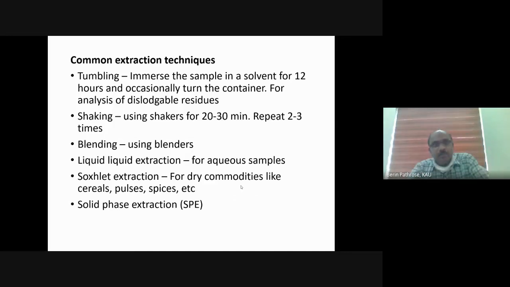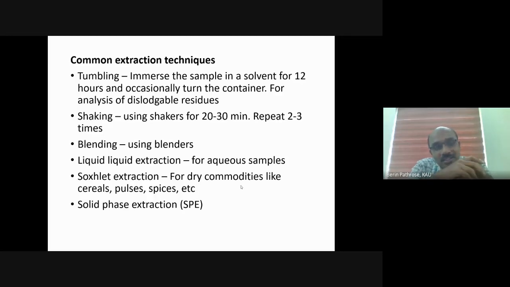So the first method of extraction is tumbling. Tumbling is pretty simple. The crushed sample, I told you the first step is crushing the sample in the blender, is taken in a solvent for 12 hours, and occasionally we will turn the container. We will just invert the container.